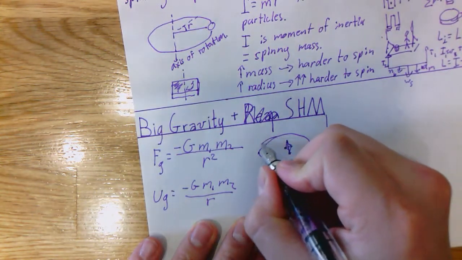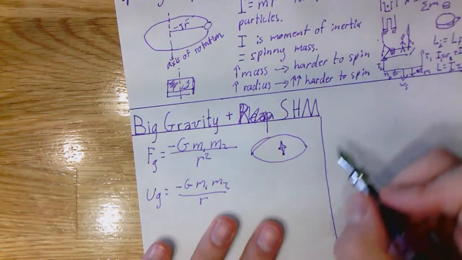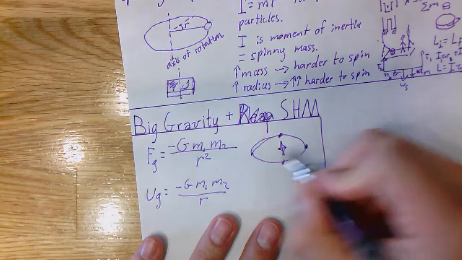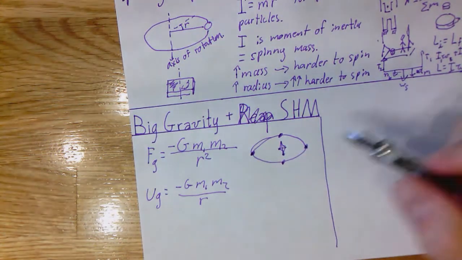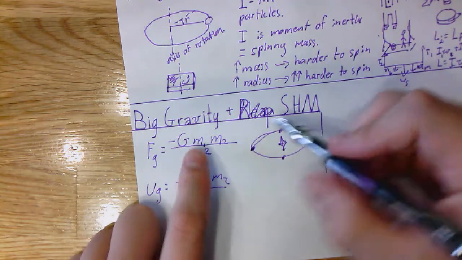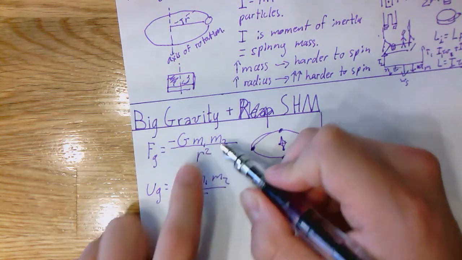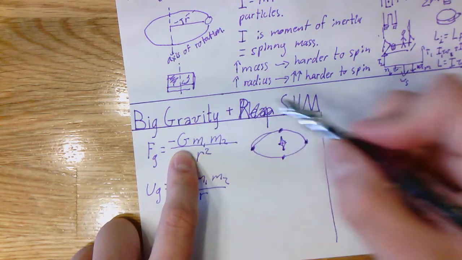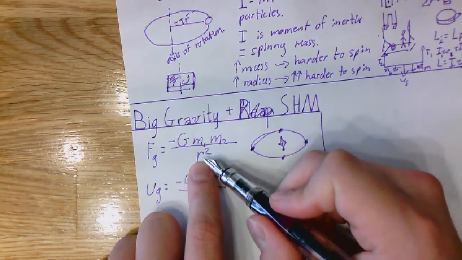Okay, we're orbiting around our star like that. Here we're close, here we're close, here we're far, here we're far. Moving close and far doesn't change our mass. So the mass doesn't change, the mass doesn't change. G is constant everywhere in the universe, we think. So the only thing changing here is the distance.